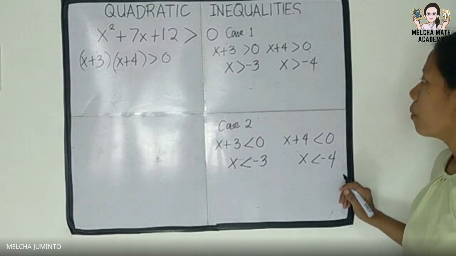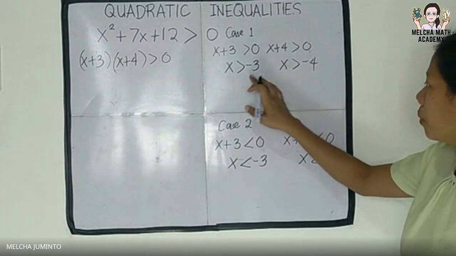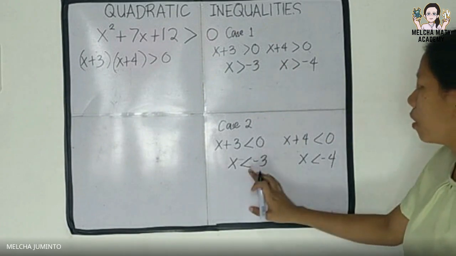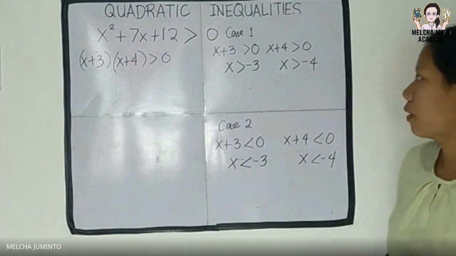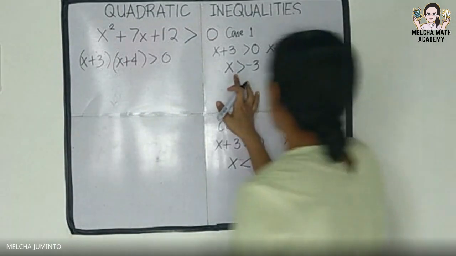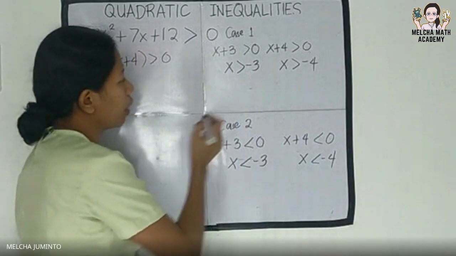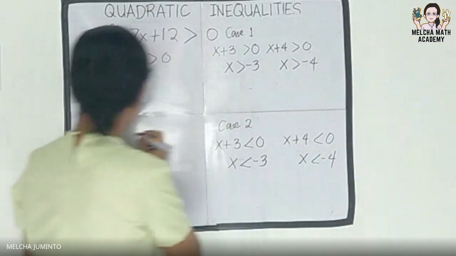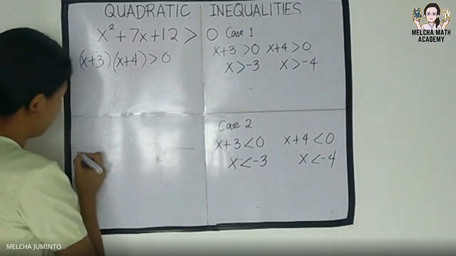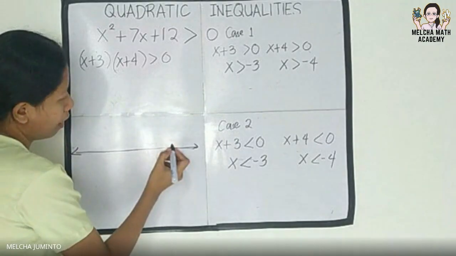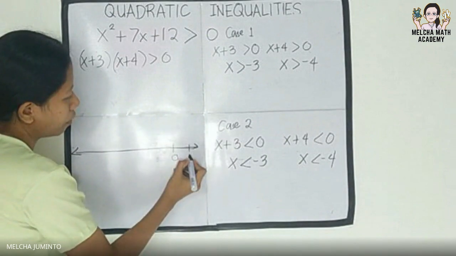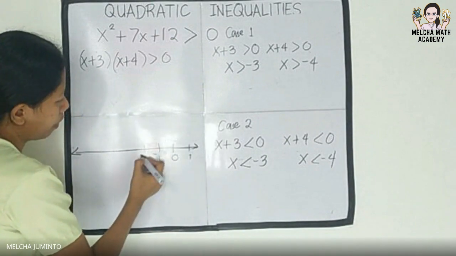Now, we will select between the two in case 1 and between the two in case 2, which will be suitable to be graphed. Here, x is greater than negative 3. I will draw a number line and place 0 here. To the right are positive, to the left are negative.